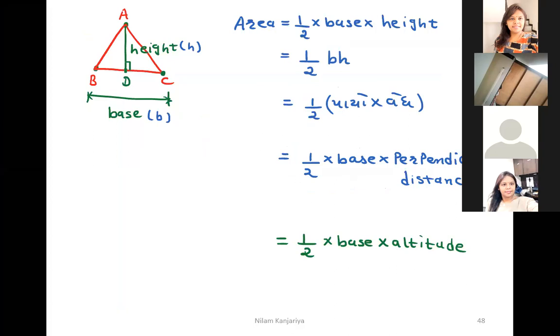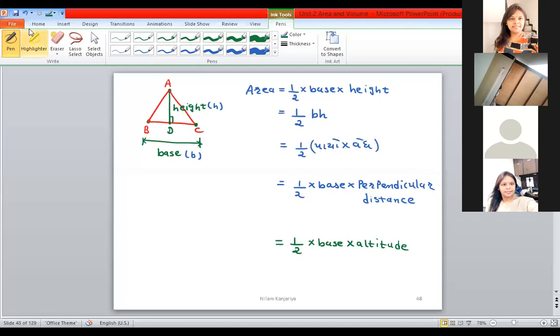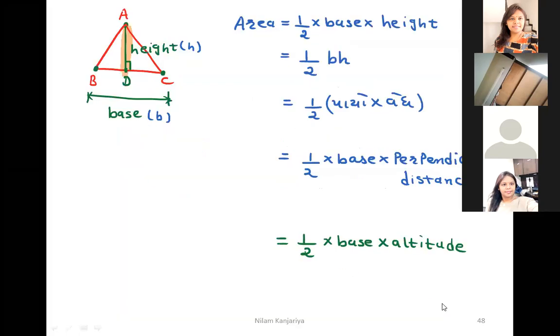All the three things are same. It's always represented as such a line, such a distance, A to D. This A to D is known as the height, perpendicular distance, and altitude of the given base. So don't forget it. These are some synonyms.